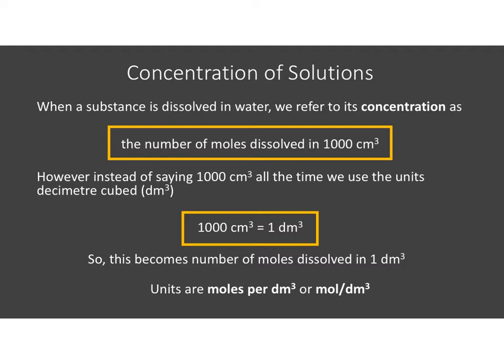That may seem a little bit of an odd volume to decide upon. 1,000 centimeters cubed is the same as the old-fashioned 1 litre, but it's also the same as 1 decimeter cubed. And so 1,000 centimeters cubed is equivalent to 1 decimeter cubed. So we can redefine that as the moles per decimeter cubed, and we can show the units as moles / decimeter cubed, as we've shown there.